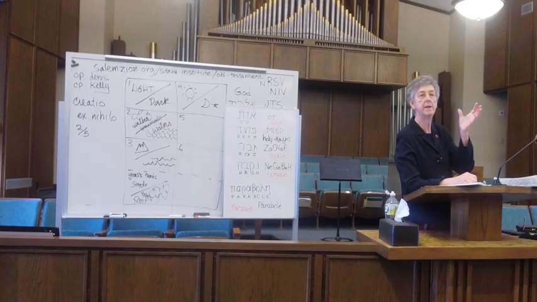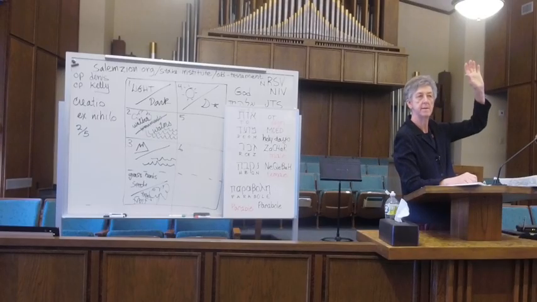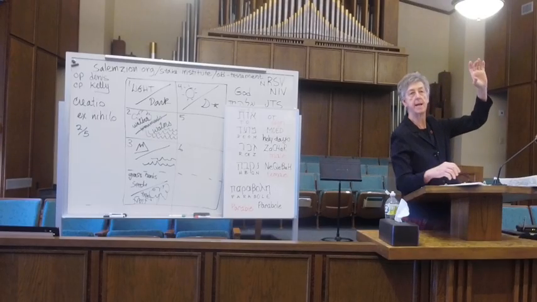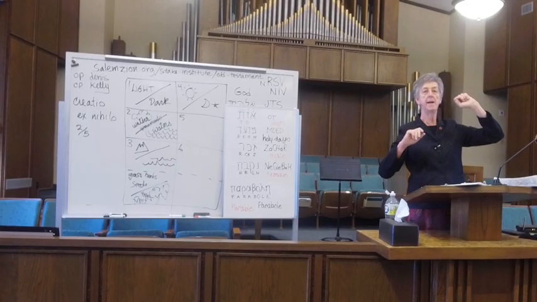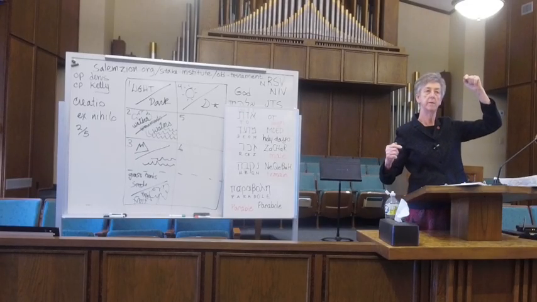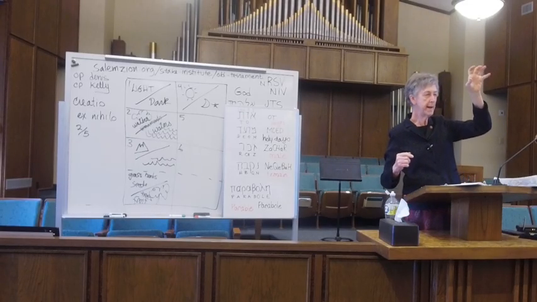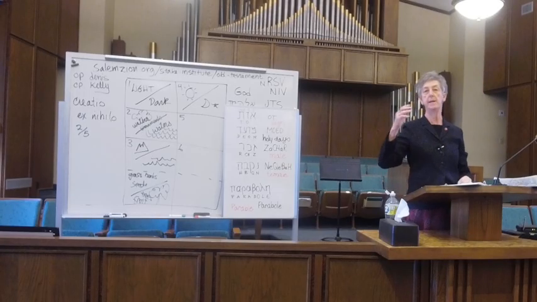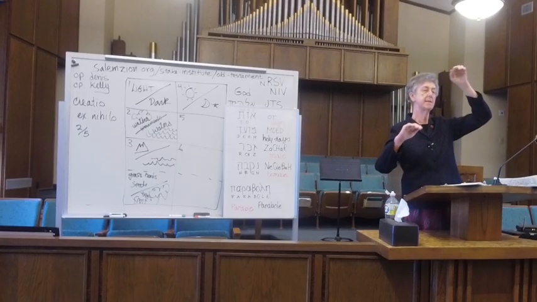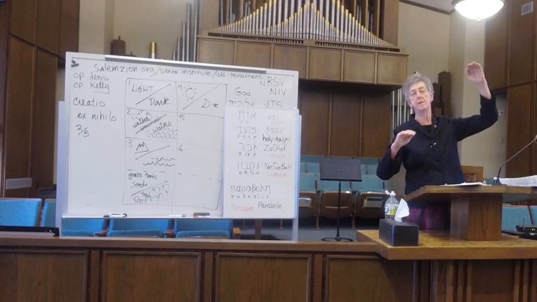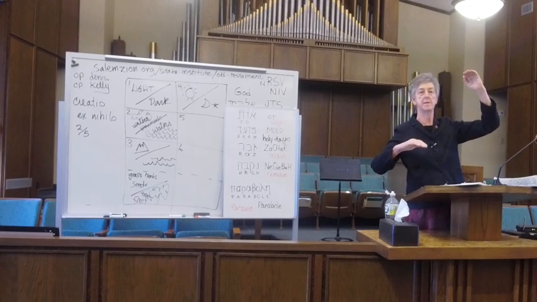Now, you know what an equinox is? Yes? It's when the day is the same length as the night, equal length. And that happens twice a year, about March 22nd and September 22nd is about when you get the vernal and autumnal equinoxes.